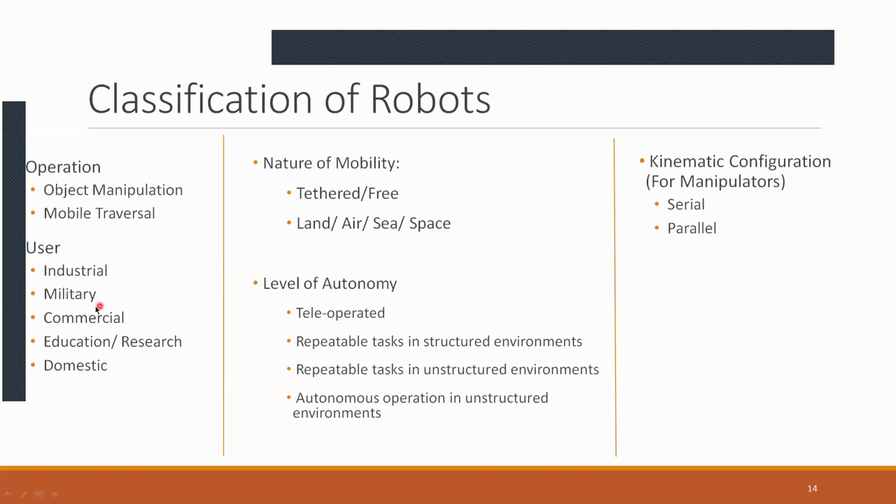The military category encompasses all the unmanned ground, air, and sea vehicles, which of course do things related or required by the military. And commercial robots would be things like the Nao that we saw, the Sony Aibo, and so on.